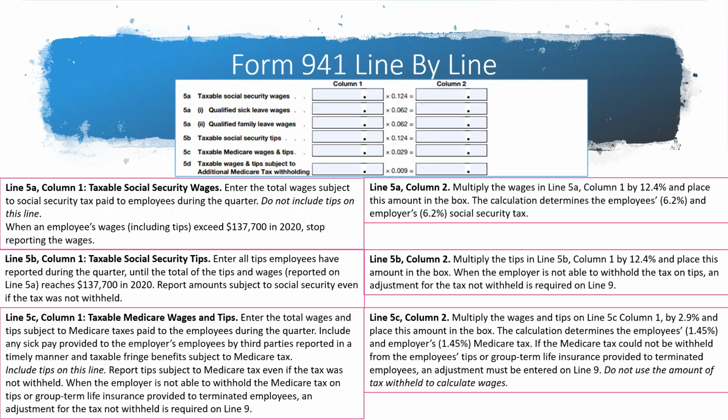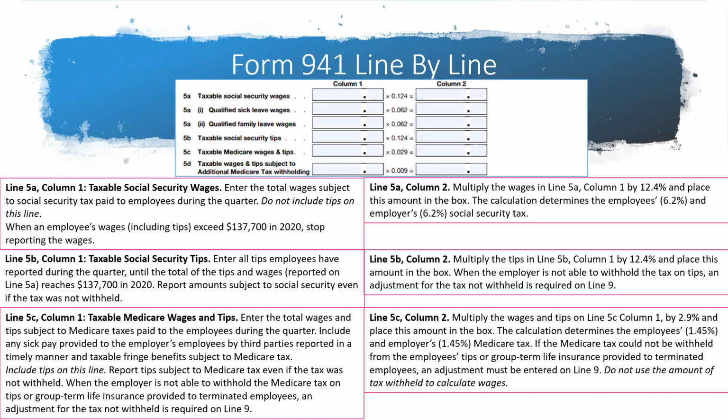But lines 5A I and 5A II are only being multiplied by 0.062, which is only the employee share of Social Security. And the reason for that is because those wages per the IRS regulations are not taxable for the employer for Social Security. So that's why that is different on those two lines.